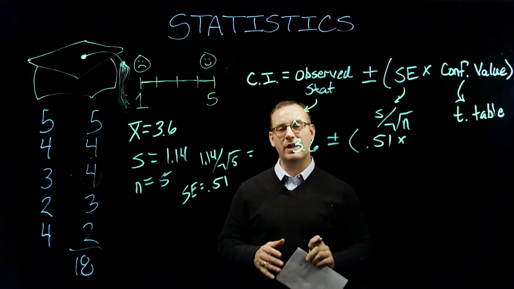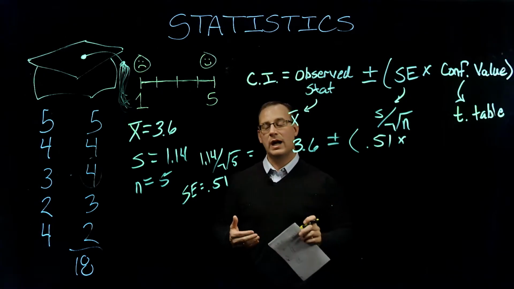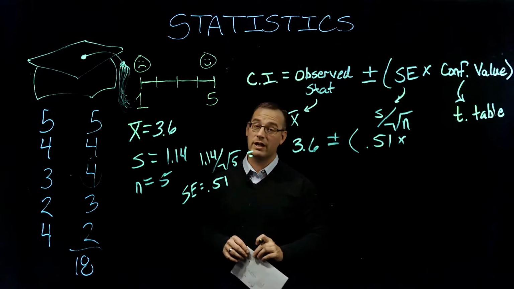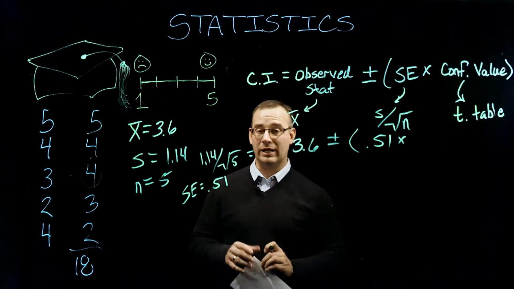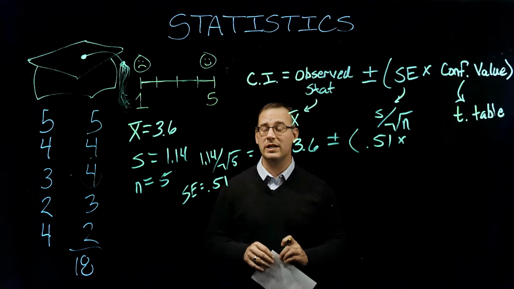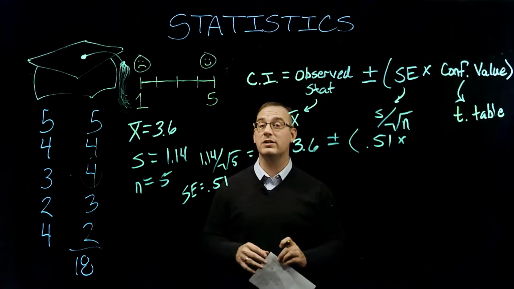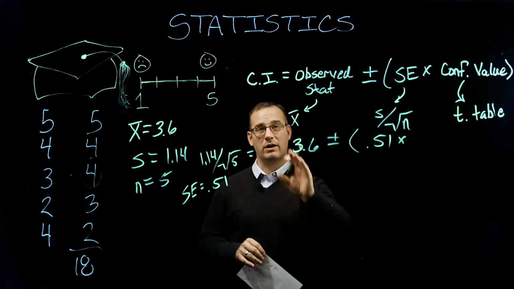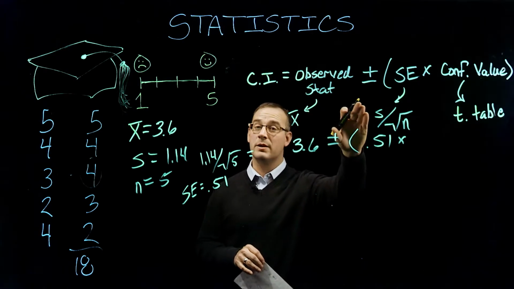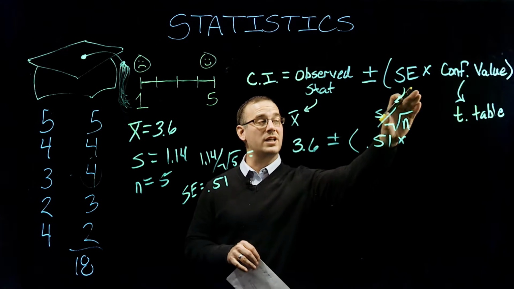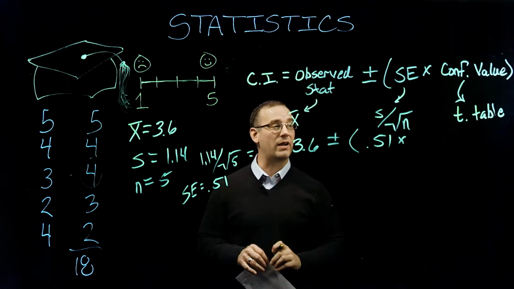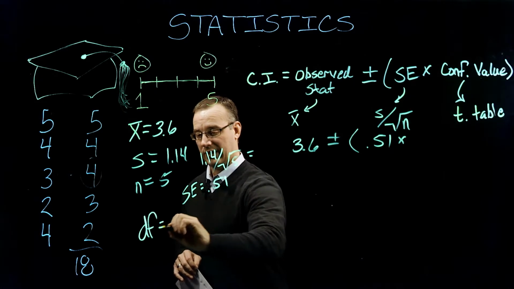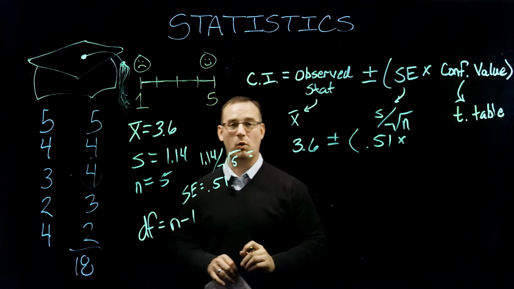In order to find a t-table value, you're going to need to know two numbers. You need the alpha level that you set, in other words, how confident you want to be in your statistic, and you need the degrees of freedom. For this formula, our degrees of freedom is n minus 1.